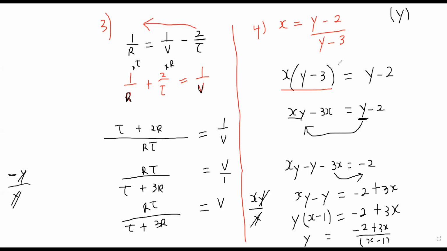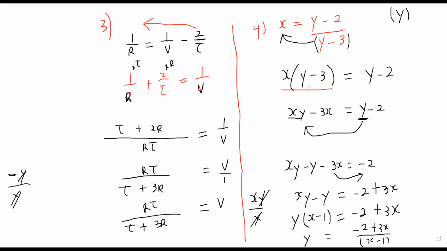All right? So let me go from the top. We have x equal y minus 2 divided by y minus 3. We notice that there are two y's: y at the top and y at the bottom. So at some point, you have to factorize. So we take over this denominator, y minus 3.